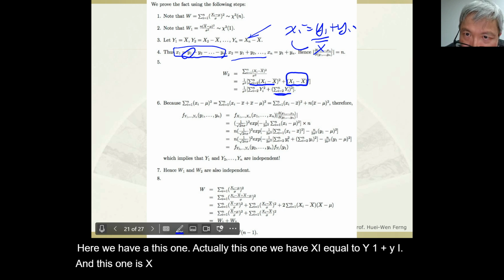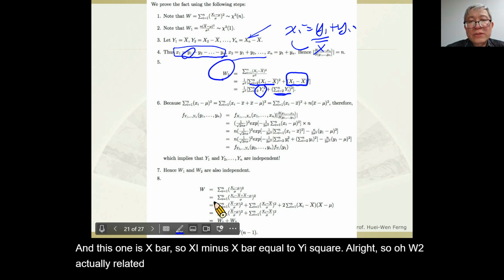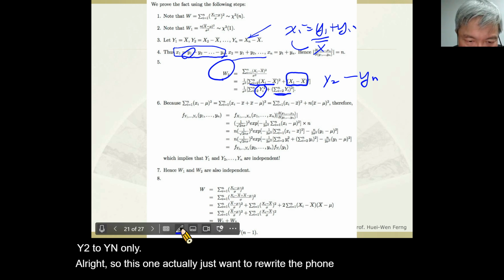So x_i minus x bar equal to y_i squared. So W2 is related to y2 to yn only. When we write the form, we can reach the form here.